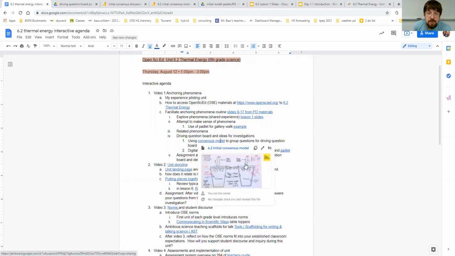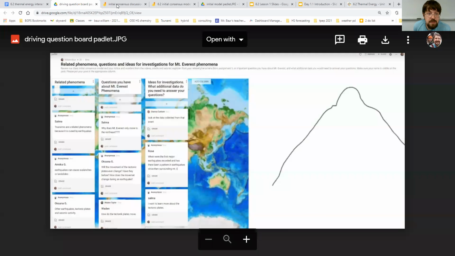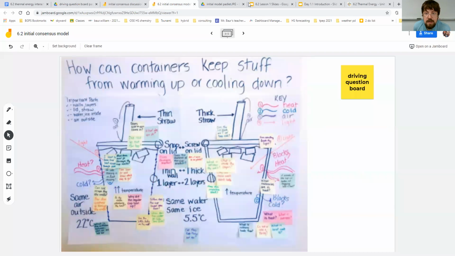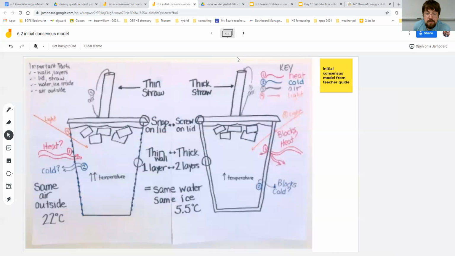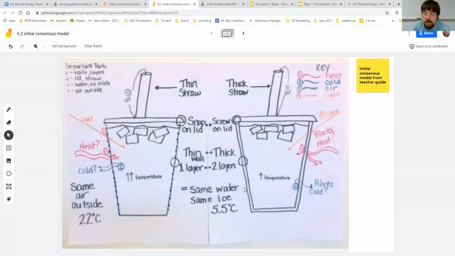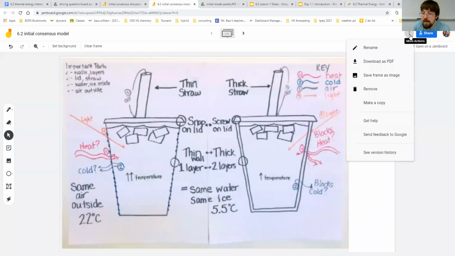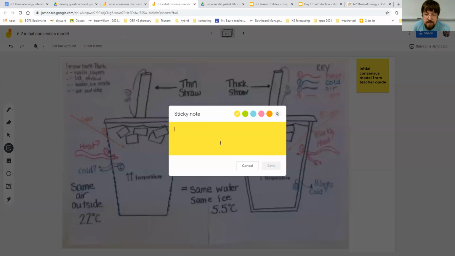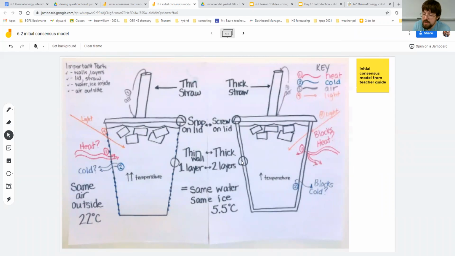You could use this initial consensus model slide as a starting point. Just make a copy, and then you can add sticky notes of what questions you think middle school students would have about how the phenomena works.